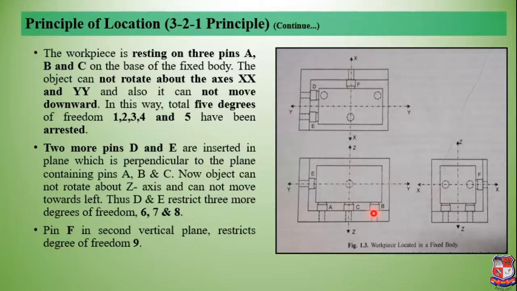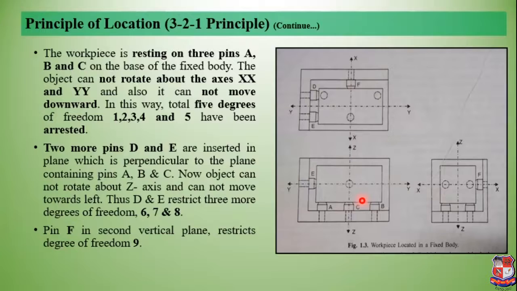In this way, a total of 5 degrees of freedom, number 1, 2, 3, 4 and 5, have been arrested, or you can say restricted, right? By providing these 3 pins A, B, C, we can restrict these 5 degrees of freedom, 1, 2, 3, 4, 5, right?